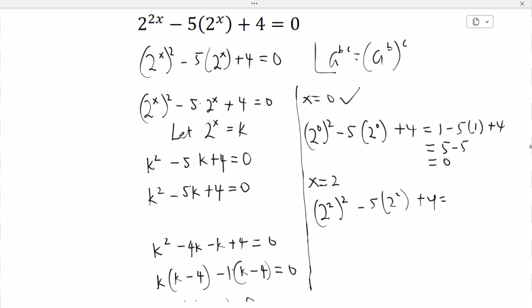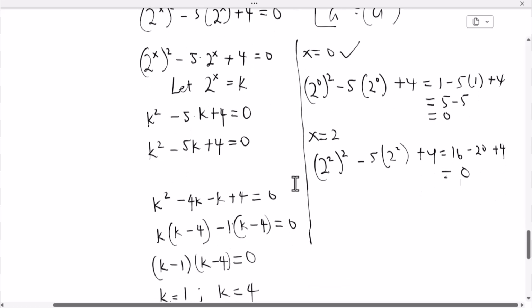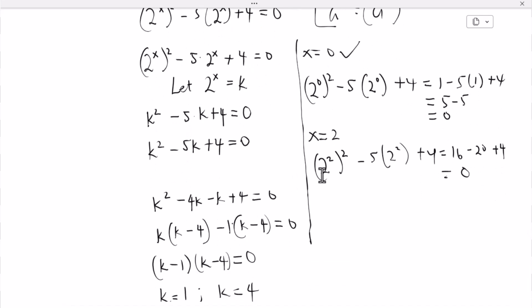This is going to give us, 2 to the power 2 is 4. 4 squared is 16, minus 20, plus 4. And then this is also equal to 0. So that shows us that what is on the left hand side is equal to what is on the right hand side. Thereby, our values for x are correct.